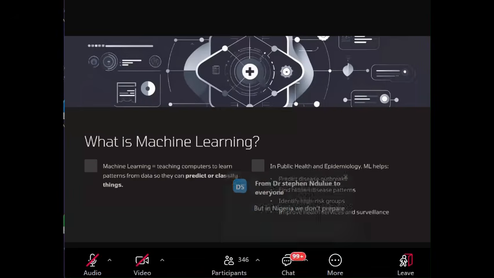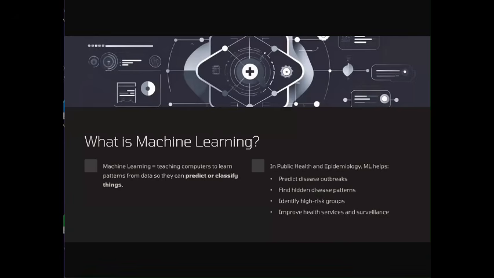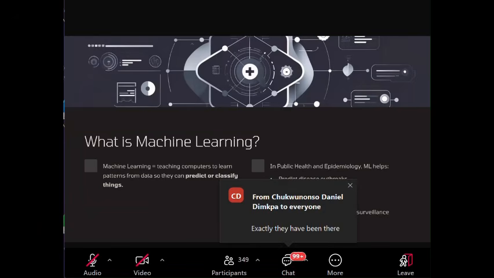Dr. Stephen, well, I don't know about that too. He said even when you pick interest in a lady, other men will pick interest too. Well, I may not look at it like other men are picking interest. Those men have been there. But it's just that since you're not interested in the lady, you don't send. But the moment you begin to send the lady, everybody that comes close is a threat. That's what is happening.